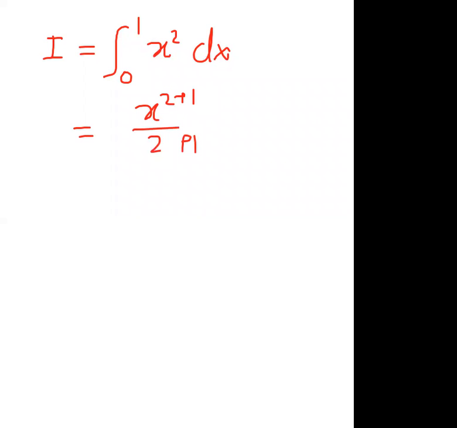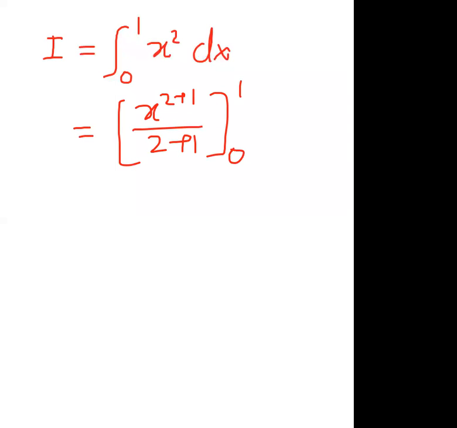Suppose an integral is given from the limit 0 to 1, x square dx. Now when we need to integrate, see, the integration of x square will be x to the power 2 plus 1. x to the power n has the formula x to the power n plus 1 upon n plus 1, for 0 to 1.